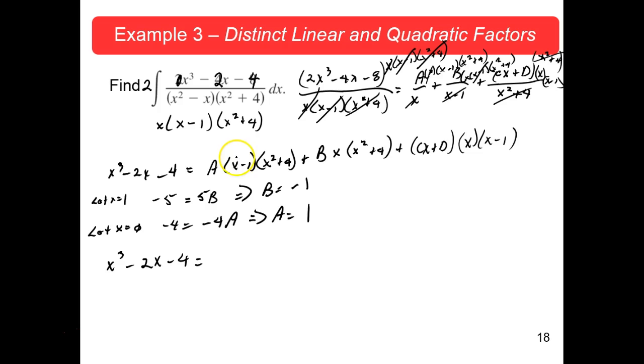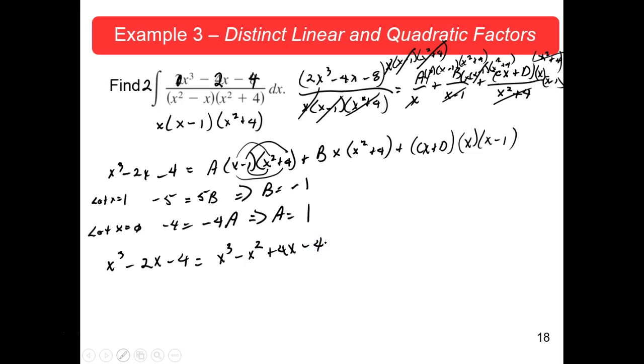So let's multiply this thing out, and you can do that by FOILing, right? What would that be? X times x squared, x cubed. That's the first. The inner is minus x squared. Then the outer is plus 4x. And then the last is minus 4.